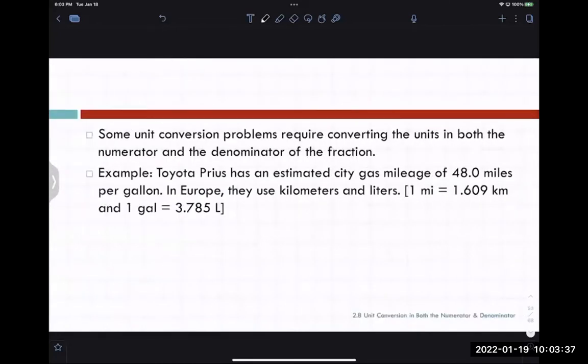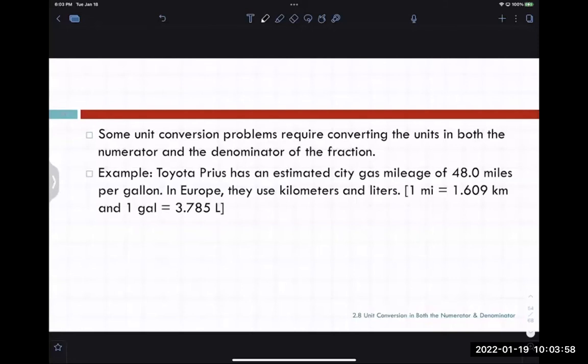So again, this was an example that we did last week in the workshop, but sometimes you have to convert the numerator and the denominator, right? So the top half and the bottom half of a fraction. And it's not that tricky. You just got to remember that you have to put units opposite to cancel them.